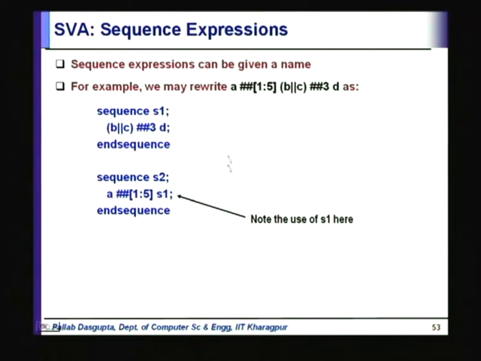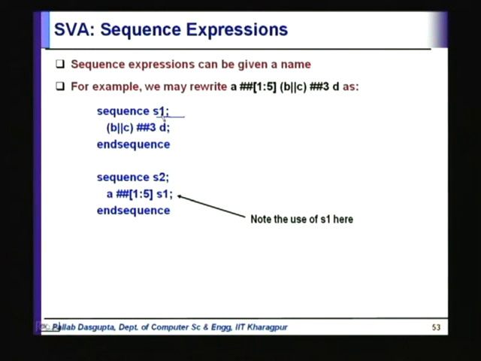Now, instead of writing this as a single sequence expression, we can break it up into multiple sequence expressions. So, now see, I first define a sequence S1 as B or C, then hash 3 D, right, and I name that sequence S1. So, every sequence has a name.